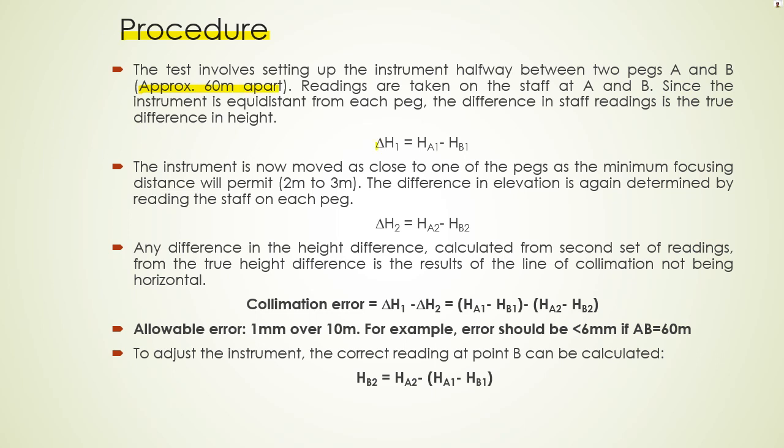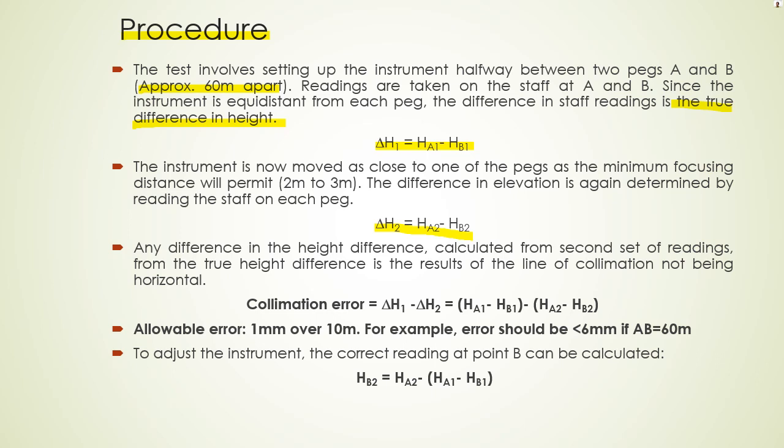In step number 1, we calculate the height difference, and it's going to be the true height difference of point A and point B. In step number 2, we move the instruments to close to point A or point B, and then we measure again the height difference between point A and point B.